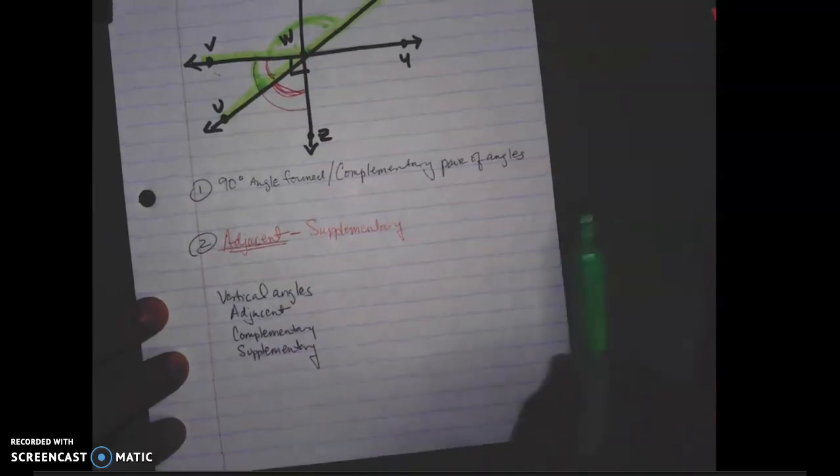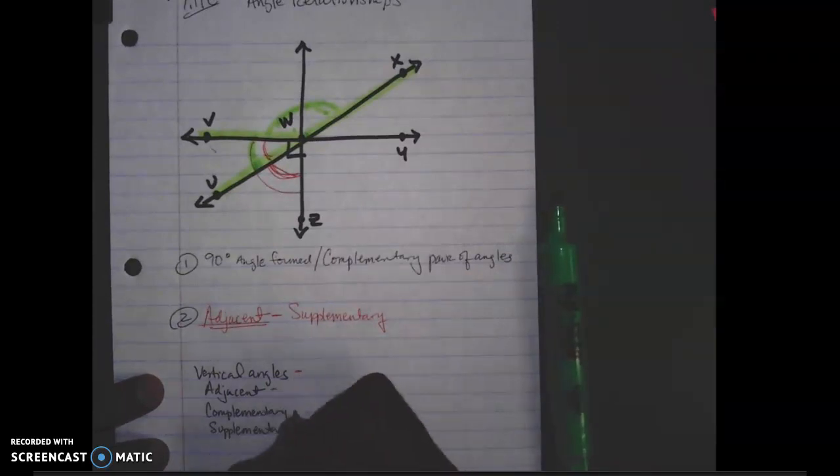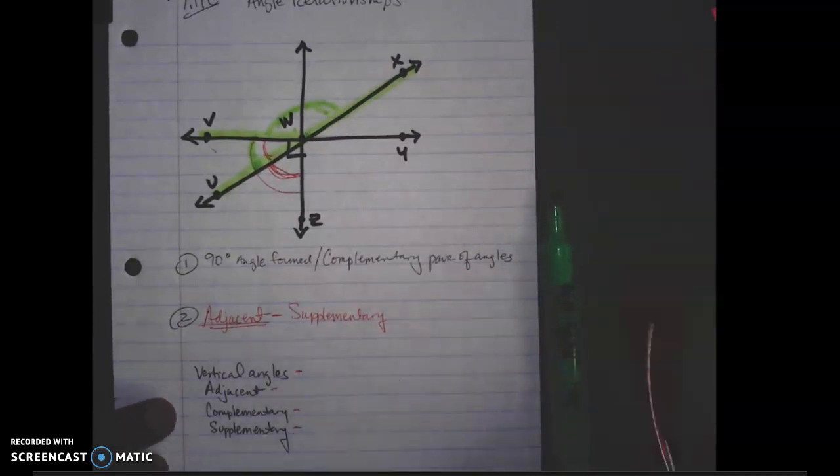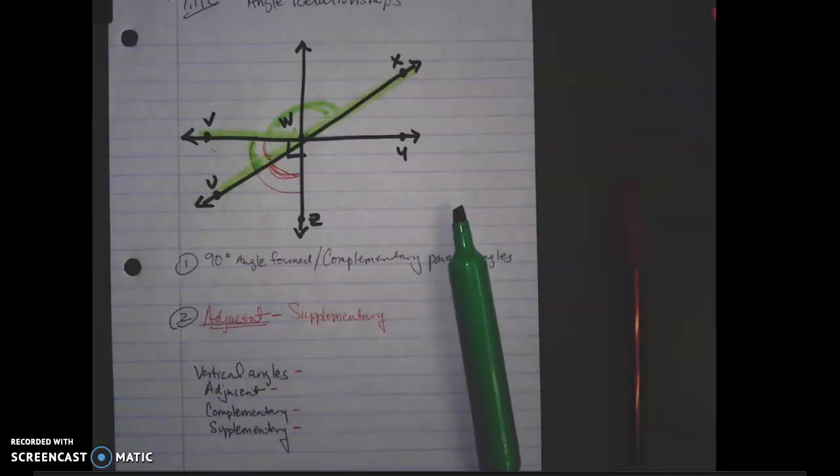Okay, so I'm going to give other examples of vertical angles. Remember, a vertical angle will share a vertex and will be directly across from another angle. So let's look to see where there's another set of vertical angles. Vertical angles share a vertex, which is here, and they are directly across from each other.